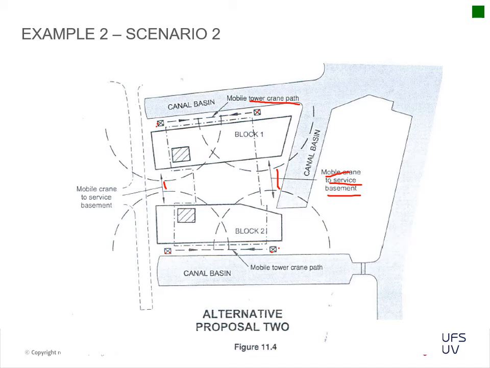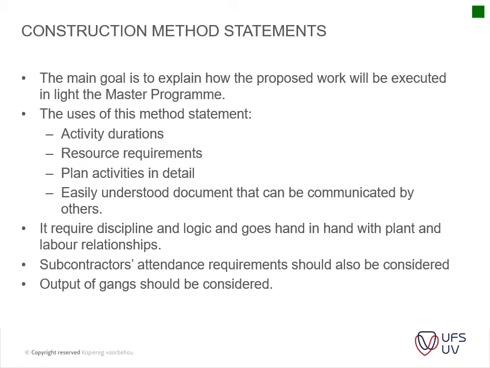Okay, so you will see up to this point it's fairly cryptic. It just says this is more or less what we're going to look at or not. Okay, so you guys understand that type of method statement. Okay, now we get to construction method statements. The main goal is to explain how the proposed work will be executed in light of the master program.